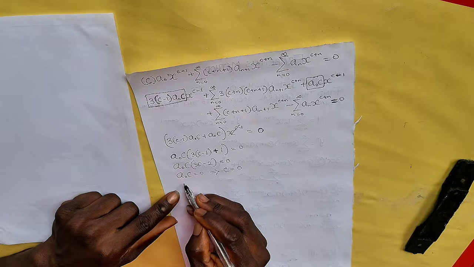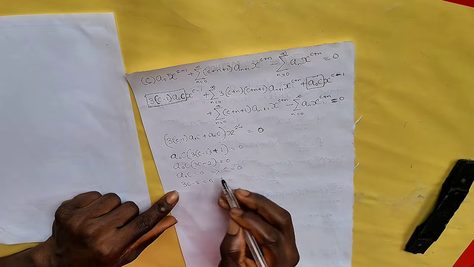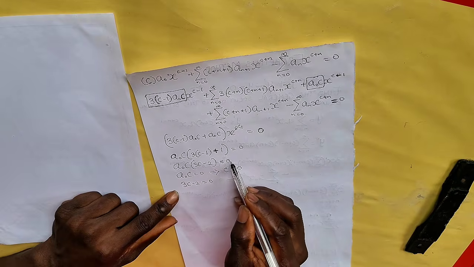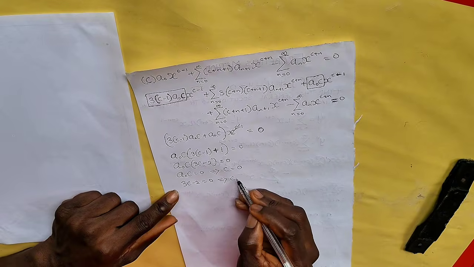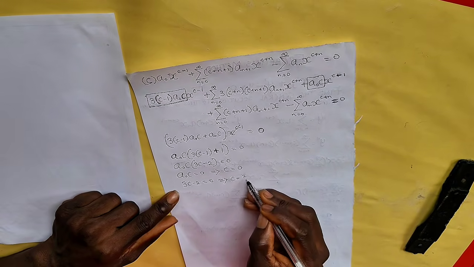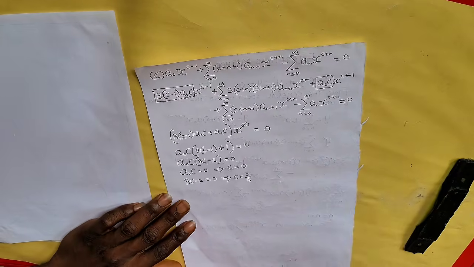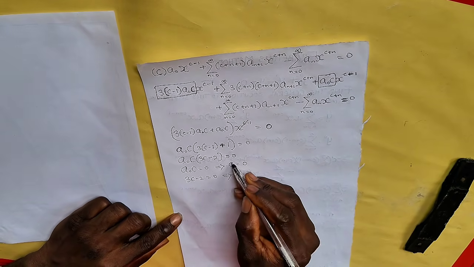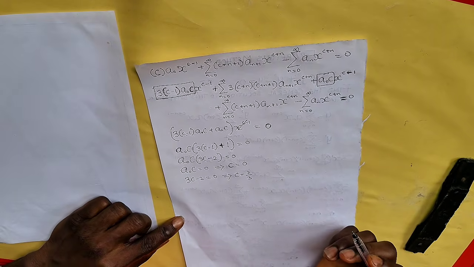And I can have another root, which says 3c minus 2 equals 0. So a naught c equals 0 or 3c minus 2 equals 0. From this, c is equal to 2 over 3, right? So we have gotten the value of our c: c is equal to 0 or c is equal to 2 over 3.